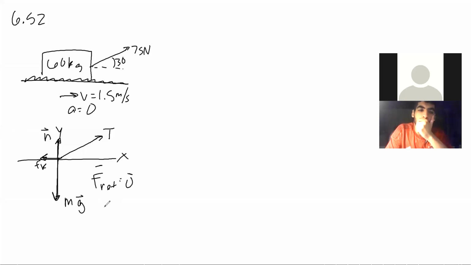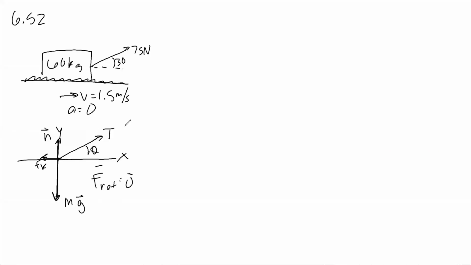We know this is angle theta, so that's our free body diagram. Now we want to take that free body diagram and sum the forces in each direction, the X direction and the Y direction. We'll need both of them, because, as the book encourages us to do, we write down all our knowns.